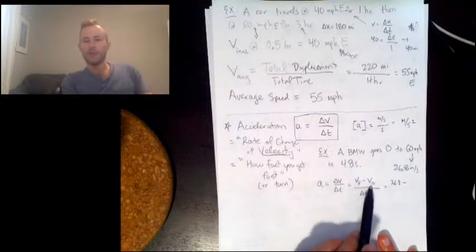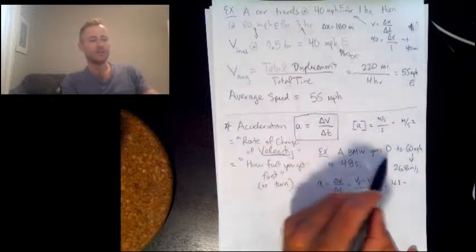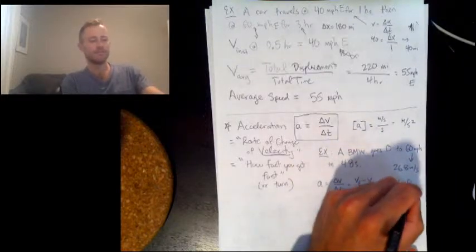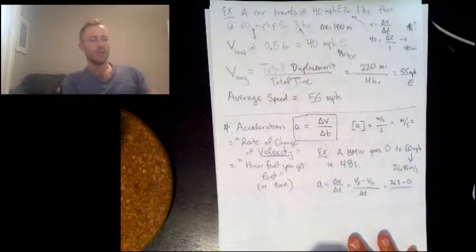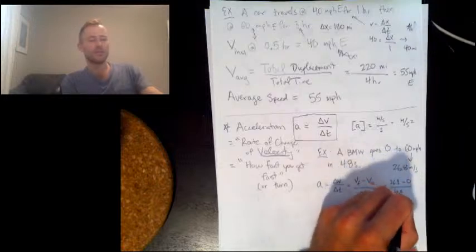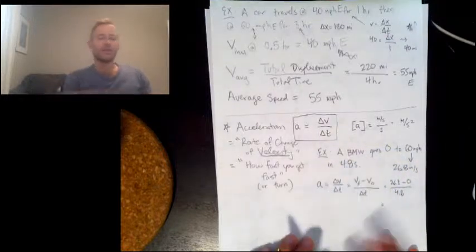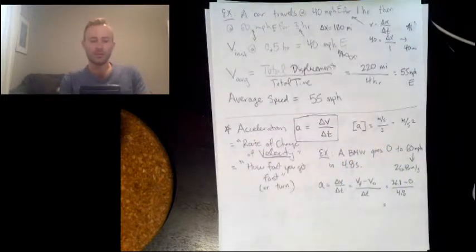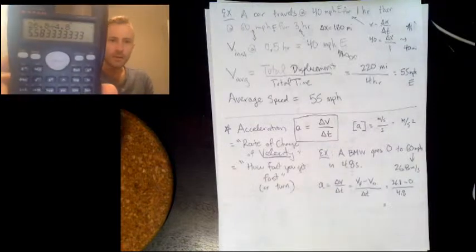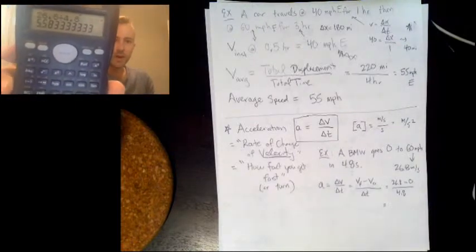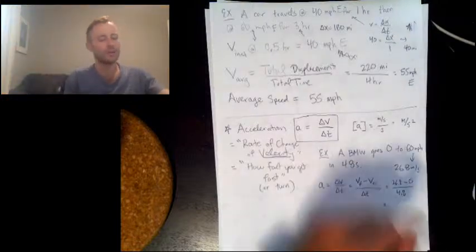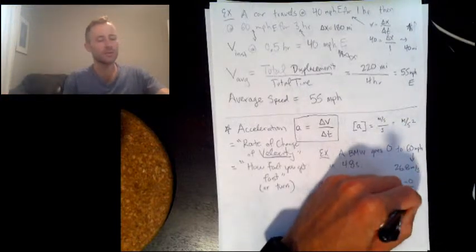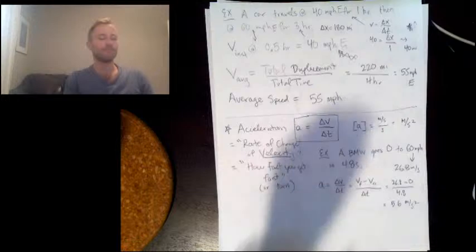The initial velocity is 0, because it's 0 to 60. And then the time elapsed is 4.8 seconds. So that is going to give us an acceleration of 26.8 over 4.8. That is 5.58 meters per second squared. So 5.6 meters per second squared.